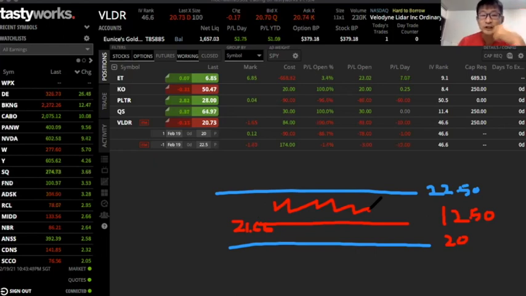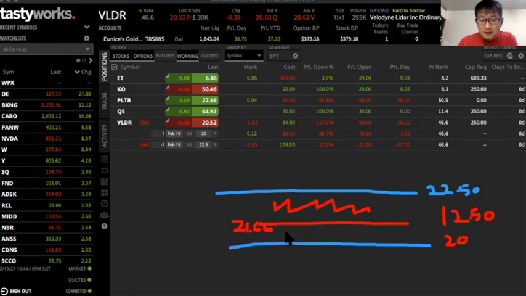But unfortunately, the stock has dropped beyond this zone, this area. So we have a loss.